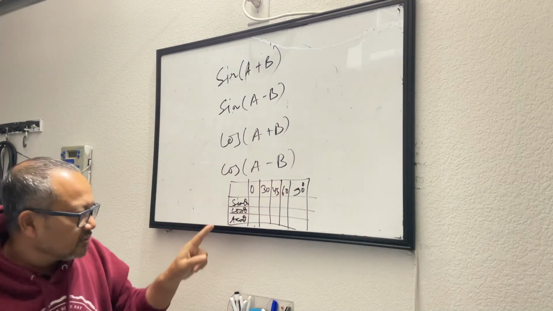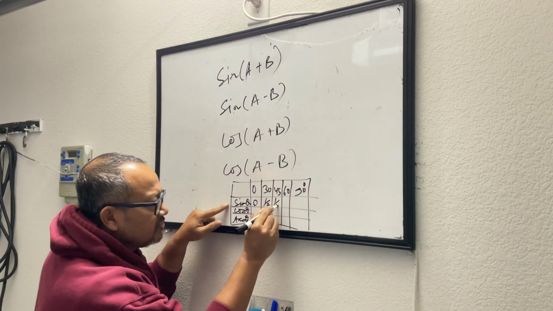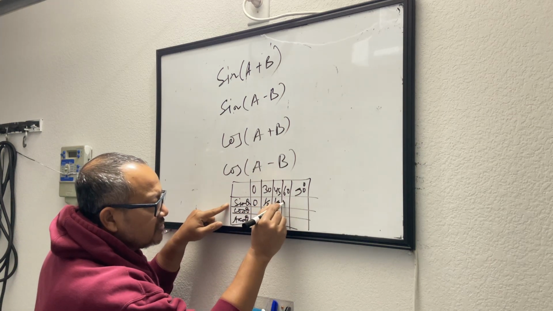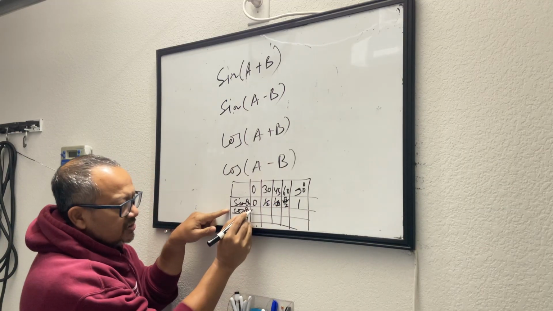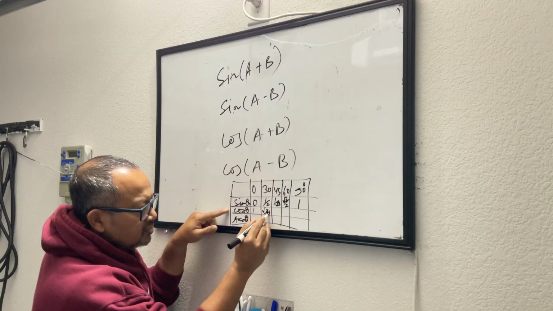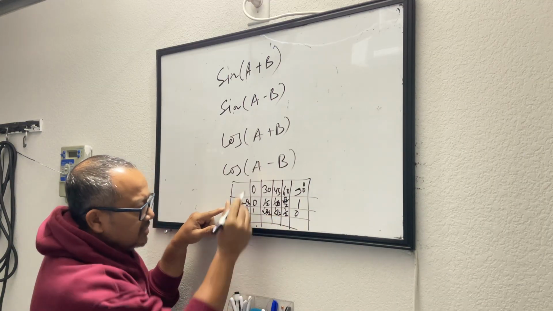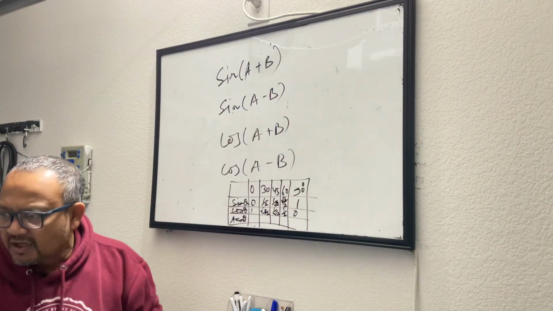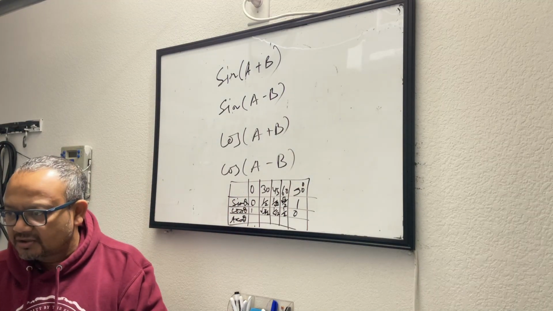Sine 0 degree is 0, sine 30 is 1 by 2, sine 45 is 1 by root 2, sine 60 is root 3 by 2, sine 90 is 1, and cos 0 is 1, root 3 by 2, 1 by root 2, 1 by 2, 0. Then tan is sine over cos. These are very commonly used angles that we know about.